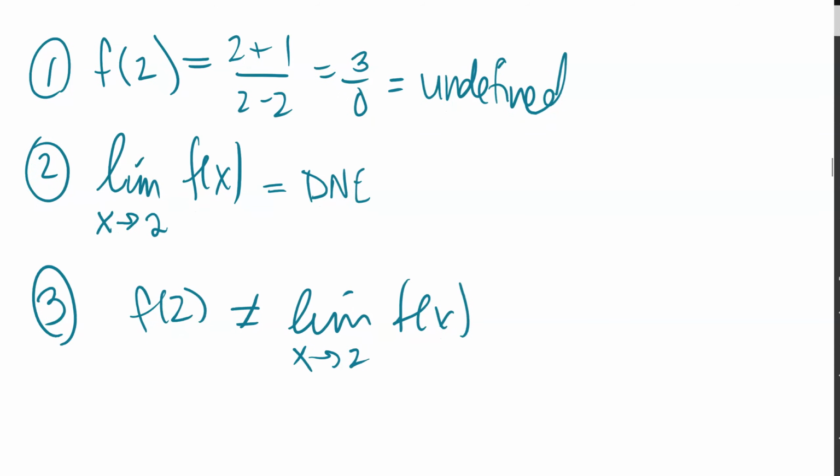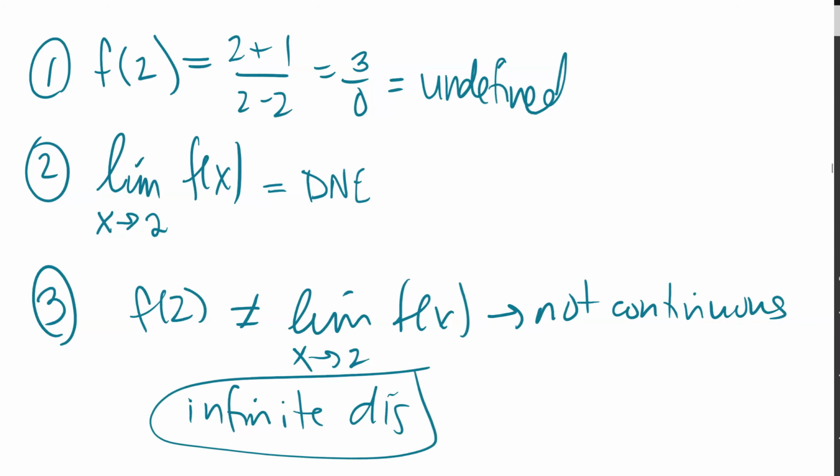So we know they're not equal, so that means it's not continuous. So really this third step is like, if I give you something that actually is continuous, then you would just say, oh yeah, it equals, check, continuous. But here it's not continuous. And we can identify which type of discontinuity it is because it's going to be infinite.